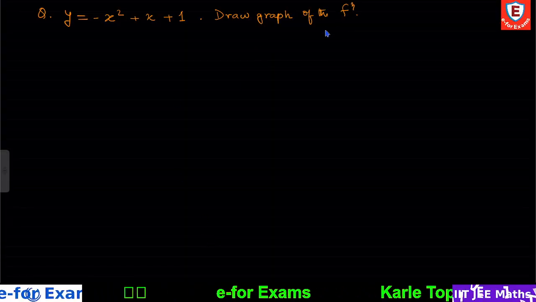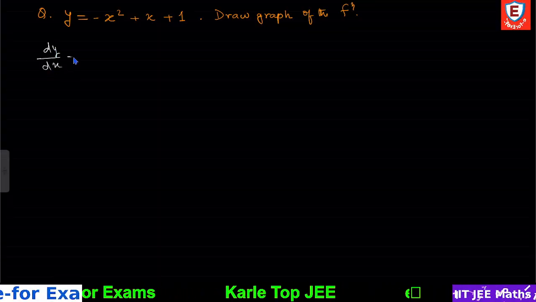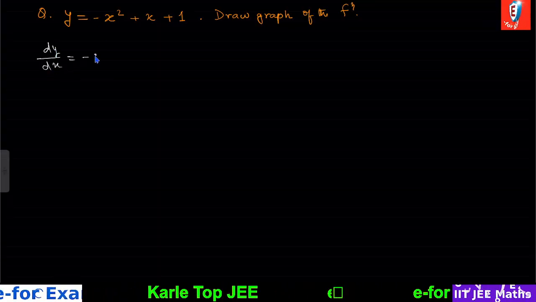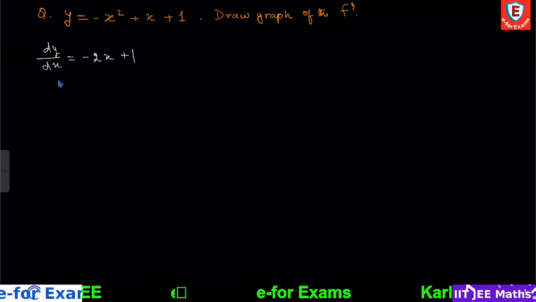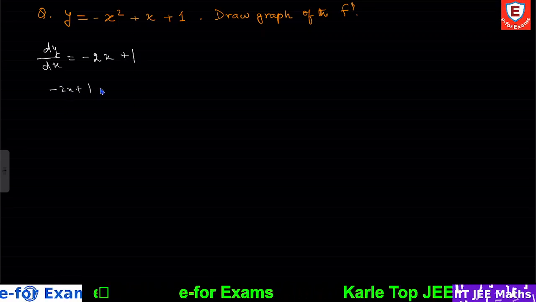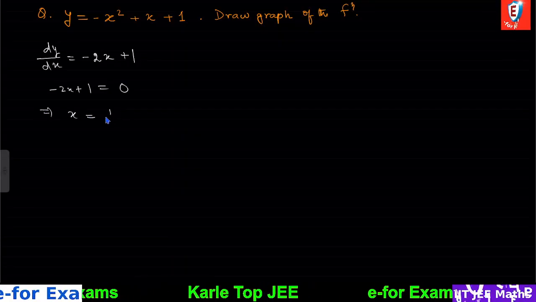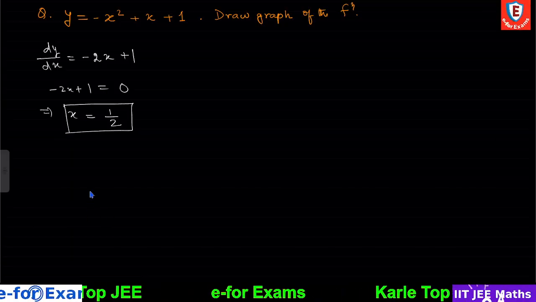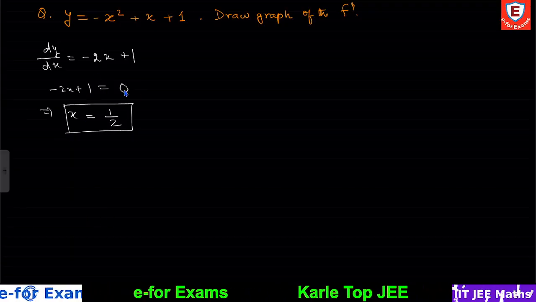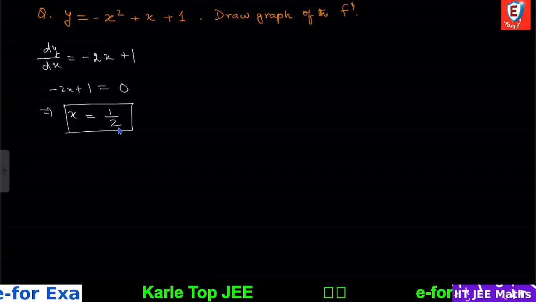y equal to, draw the graph of this. Here dy by dx equal to minus 2x plus 1. So minus 2x plus 1 equal to 0. This implies x equal to 1 by 2. You get the x, right? When you transfer this one, it becomes minus, then minus minus cancel, then cross multiply, 1 by 2.